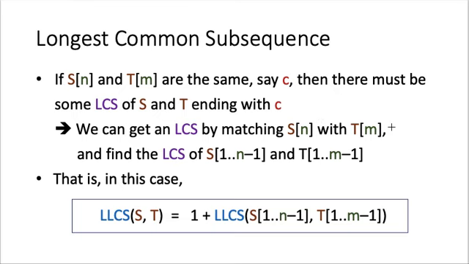But the intuition tells us that once the last two characters match, then we can solve the original problem by solving the subproblem. So in particular, LLCS of S, T is just 1 plus the LLCS of S taking away the last character and T taking away the last character.